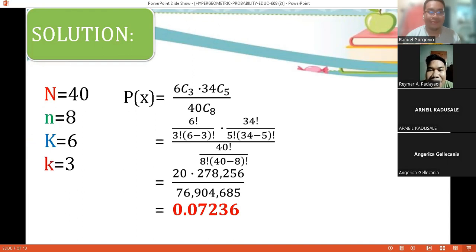So we have big N equals 40, small n equals 8, big K equals 6, and the small k is 3. So the correct answer for this is 0.07236.